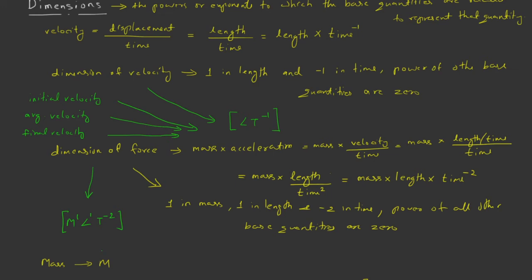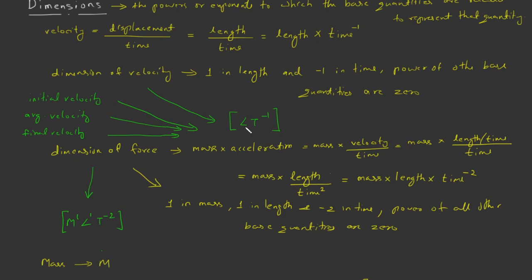So we studied how to represent the dimensions of a physical quantity. This expression which shows how and which of the base quantities represent the dimensions of a physical quantity is called the dimensional formula of the given physical quantity.